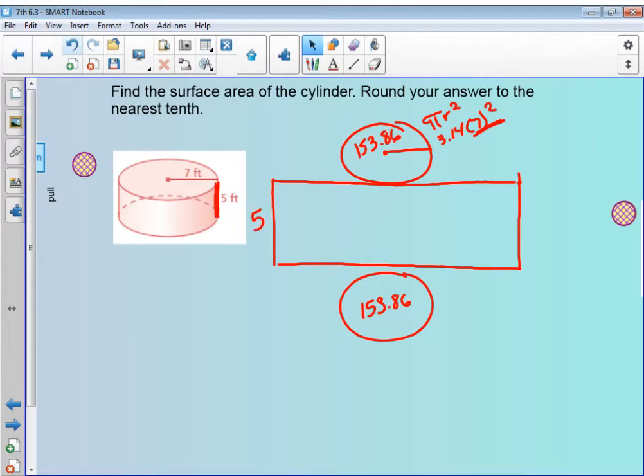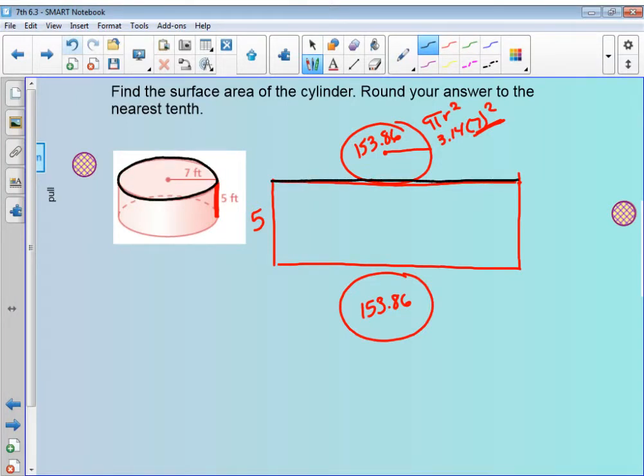And then my distance around is this here. So that's 3.14 times the diameter, which would be 14, because remember, we have to figure out the circumference. Okay, so 3.14 times the diameter of 14 gives me 43.96.